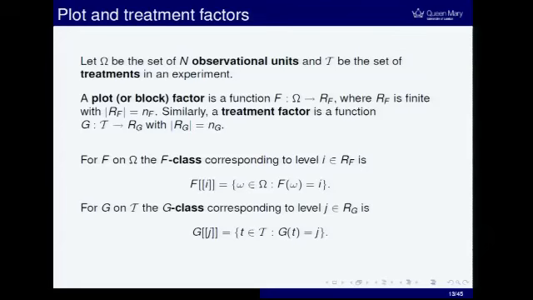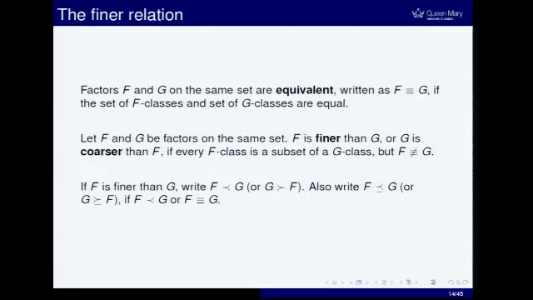Now we move on to define the finer relation. First, if we look at two factors which are defined on the same set, although their levels may have different names, if their sets of classes are the same, then we call those factors equivalent.